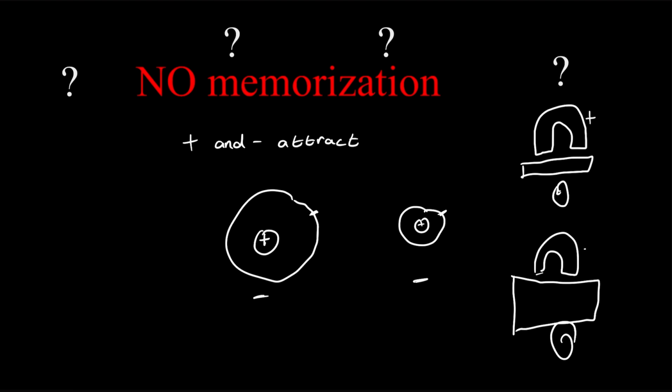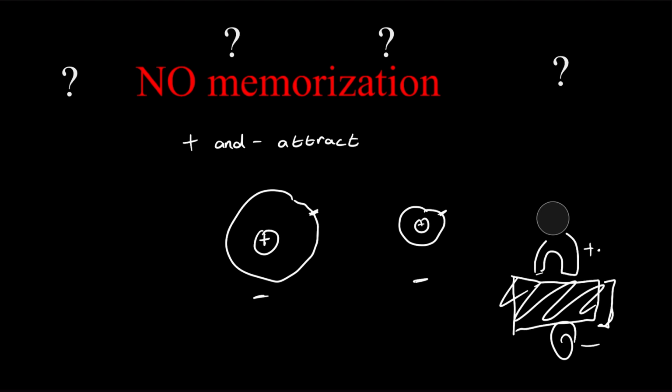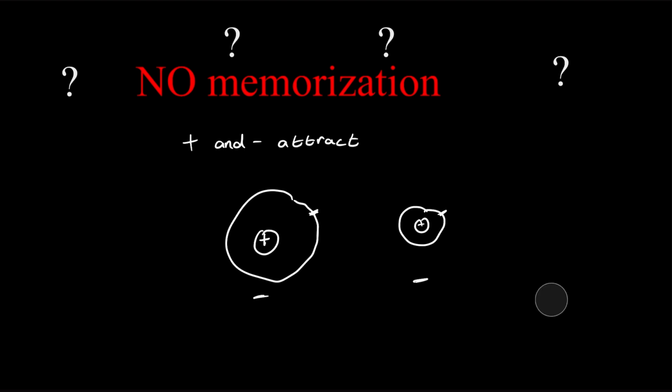Basically, the magnet is the positive nucleus, the paperclip is the negative electrons, and this book is just the space between the nucleus and that valence electron. So the more space, the more stuff that's in the way between that positive nucleus and the negative electron, the less attraction there's going to be. Okay? And that's just the common sense that I want to make sure you understand for the continuation of this lesson.